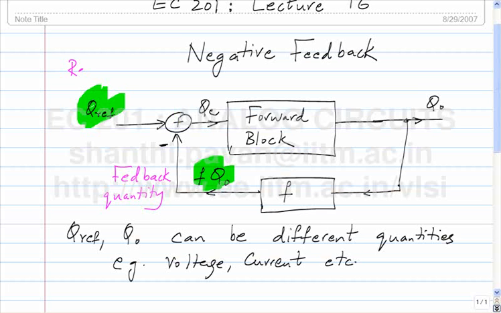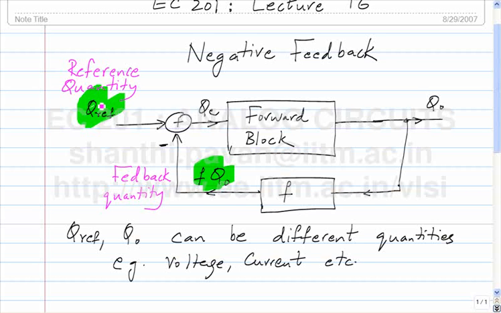This is the reference quantity. The fed back quantity and the reference quantity better be the same. It doesn't make sense to add voltage with current. The dimensions of the gain of the forward block, for example, are going to be the units of the output quantity divided by the units of the reference quantity. Does this all make sense?